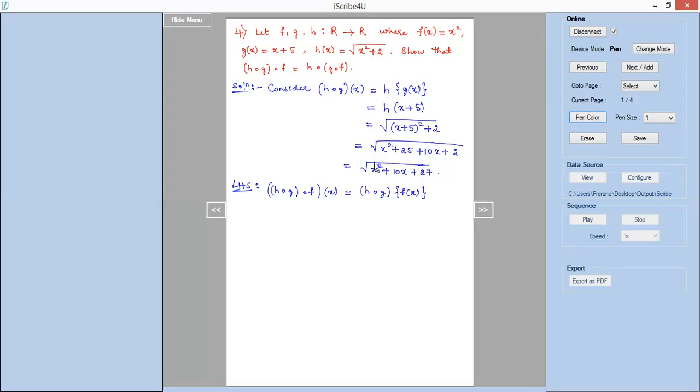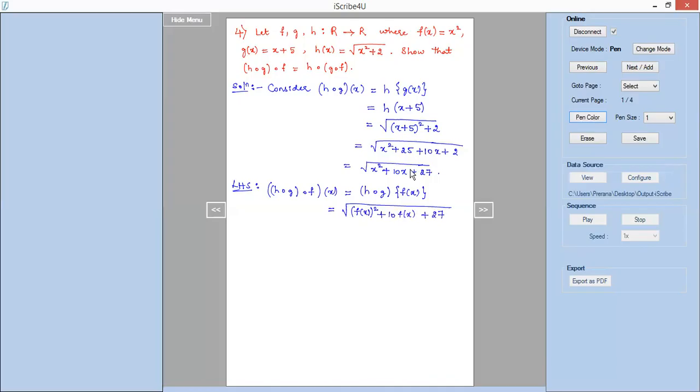We have already obtained h composition g of x as square root of x square plus 10x plus 27. On the function f of x, when we apply, we can write it down as square root of (f of x) whole square plus 10 into f of x plus 27.